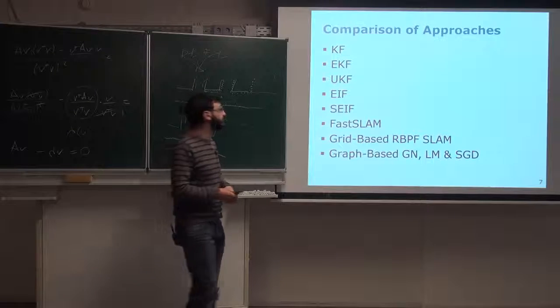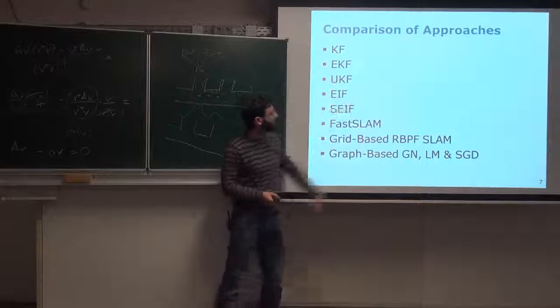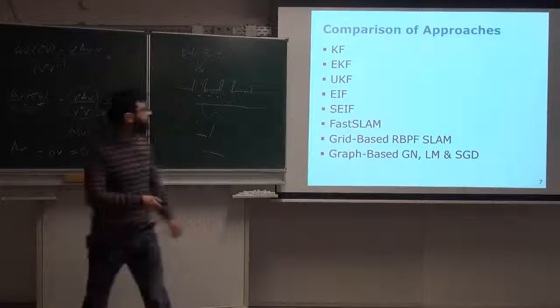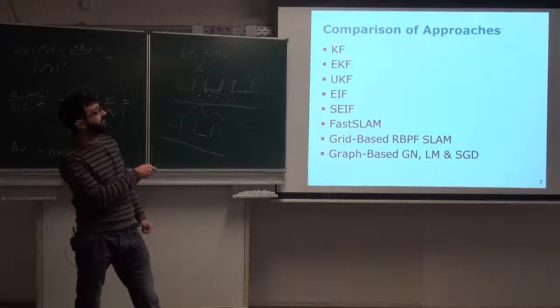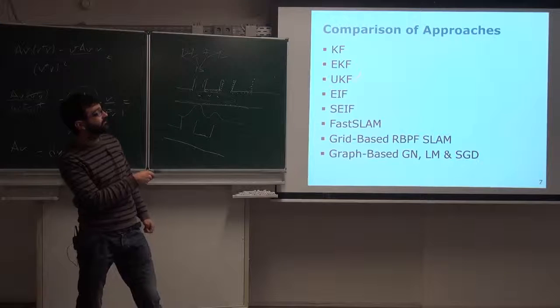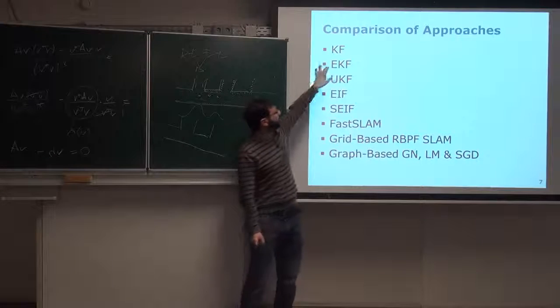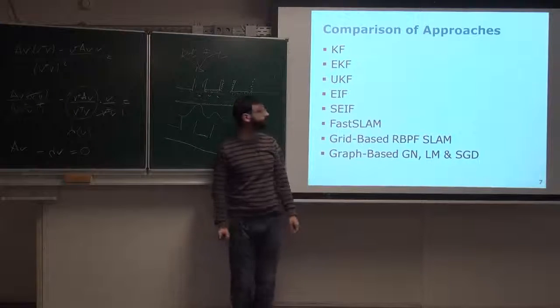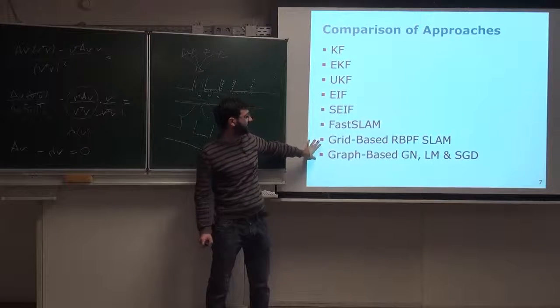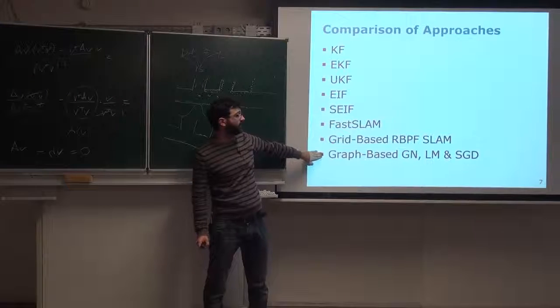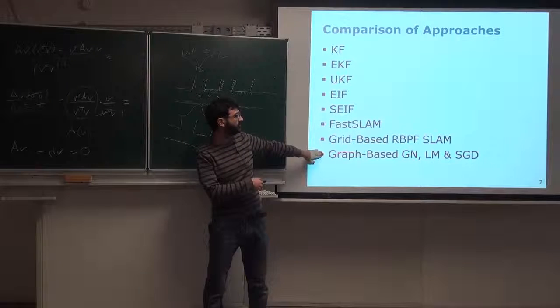I also told you a bit briefly a comparison of this. The first part here belongs to the Kalman filter family, where we have the linear case, the different non-linearities, and the way to handle them: first order approximation, second order approximation. Also seeing the connection between these two and the graph-based Gauss-Newton or Levenberg-Marquardt or companions.